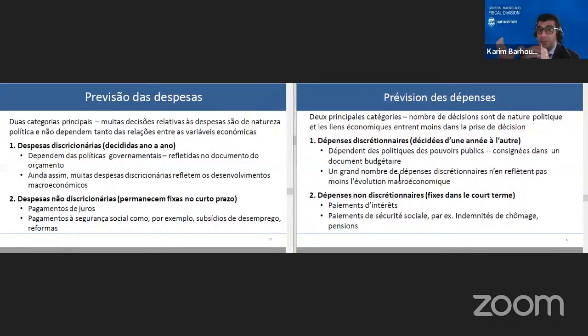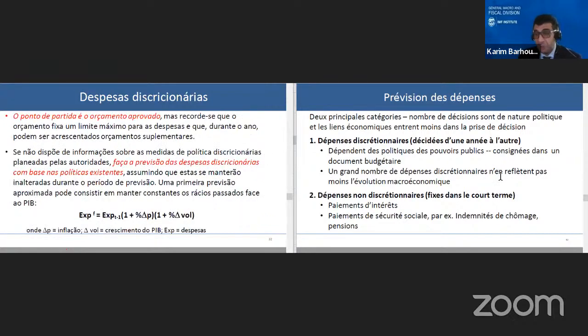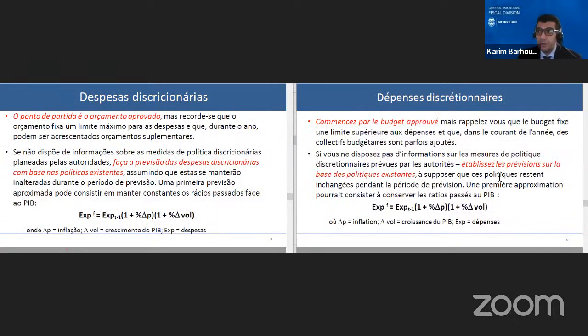Broadly speaking, we forecast expenditure in time t as expenditure in time t minus 1 times the growth rate of nominal GDP. Therefore, we need data on inflation, GDP growth, and expenditure.